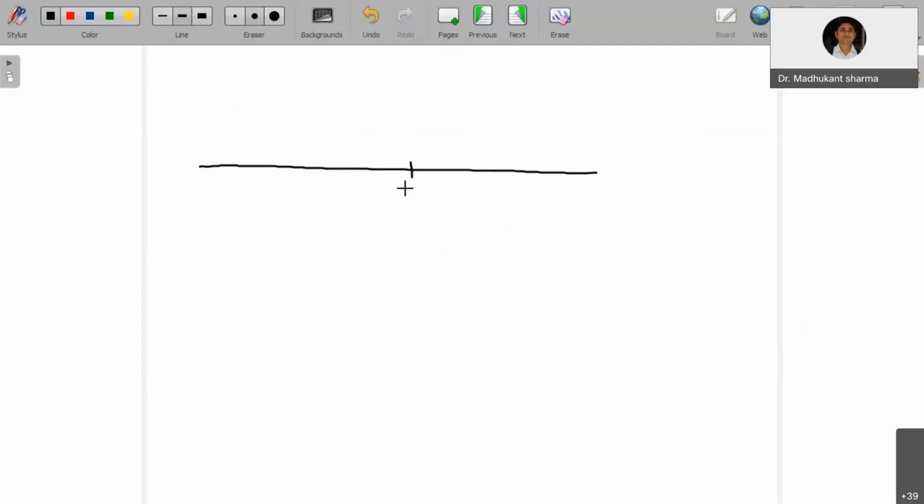You are looking at the limit at a point, let's say a, which we are generally aware of. We say the limit as x tends to a of f(x).